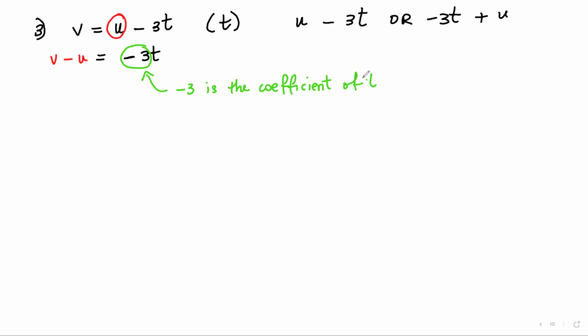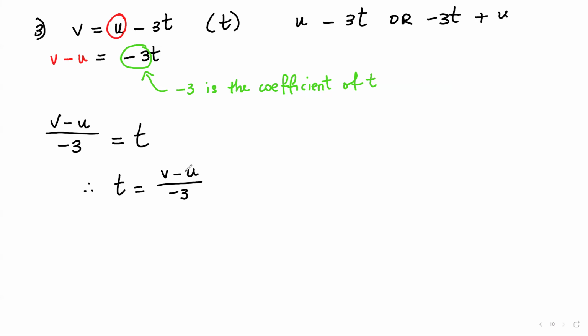And if I have to get rid of the coefficient, remember you have to divide by it. So on the left-hand side, I would say v minus u divided by -3 is equal to t. So if t is the subject of the formula, it would be equal to v minus u divided by -3.